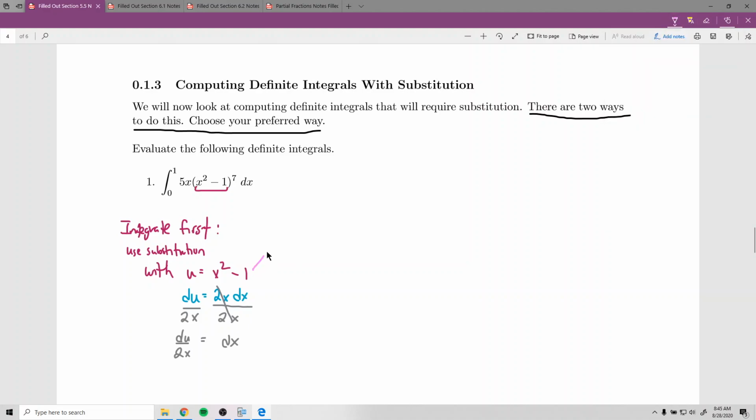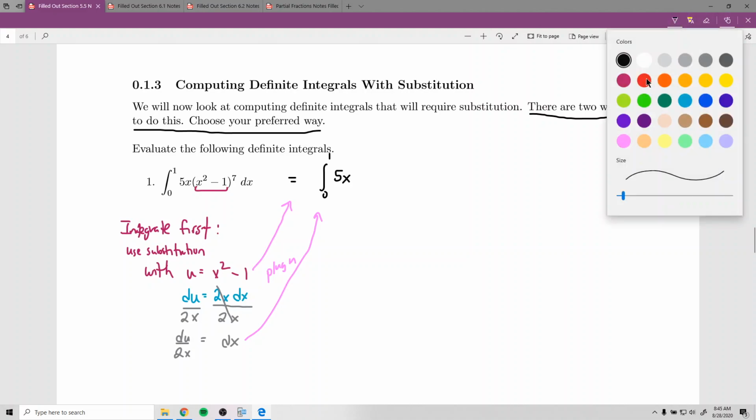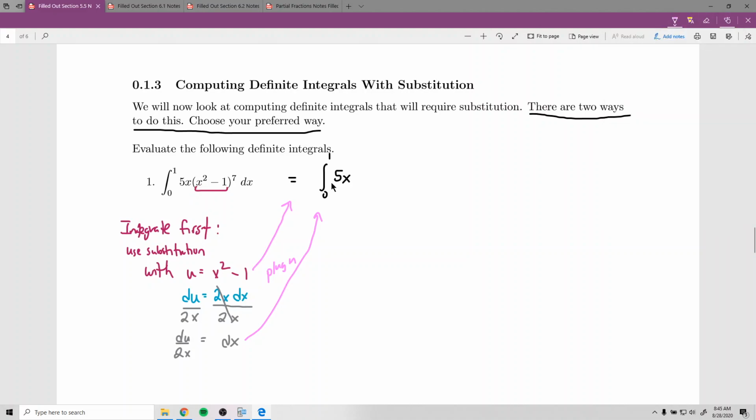All right, now what we're going to do, just like I did before, is go ahead and plug in. You're not going to do anything differently just because we have numbers on the integral. So we got 0 to 1. The 5x is what we're not adjusting. That's the thing we hope cancels. The x squared minus 1 is our u, and that's being raised to the 7th power.